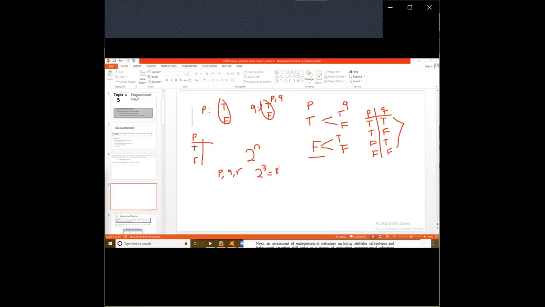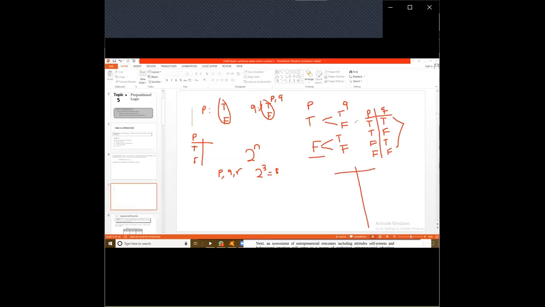So if it's equal to 8, then what we do is we construct the table. Of course, we could have used the tree diagram, but that would be lengthy. Now, I'll show you a shortcut very soon. Before we construct for 2 raised to the power 3, let's look at this.